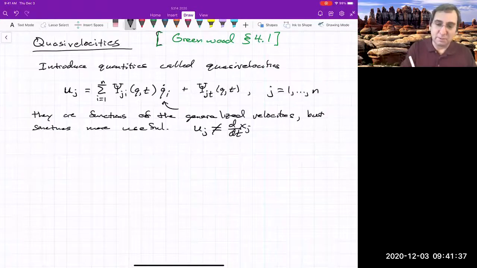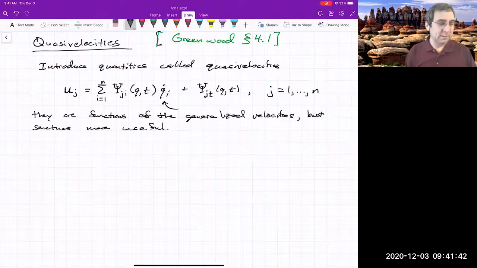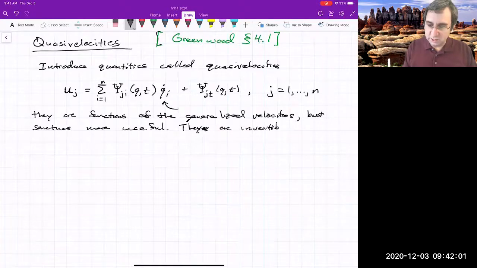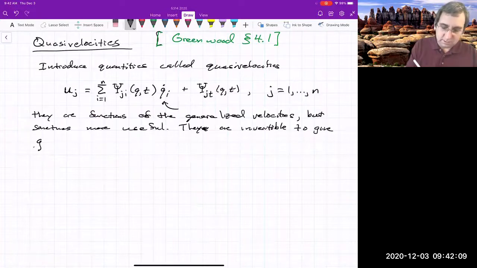If it was, then it would be a genuine velocity, but it's not, so it's a quasi-velocity. I'll show you an example soon. You've seen these; they get used. Another important thing is that these n equations are invertible, to give the q_i dots as a function of the u's.